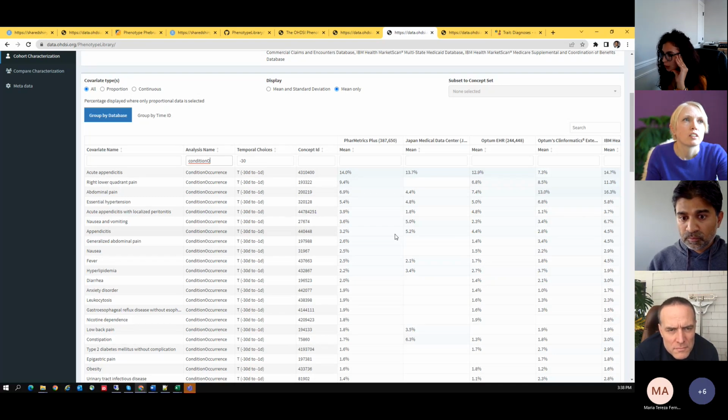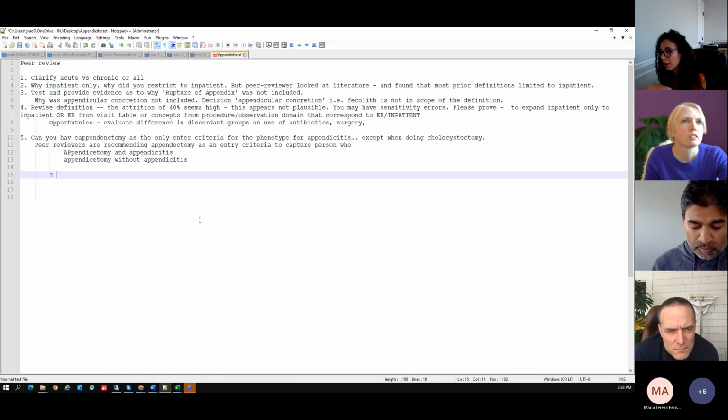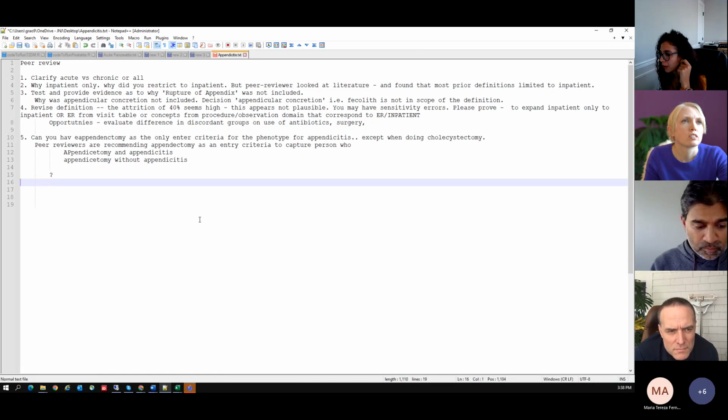Yeah, so a potential adjustment modification would be indexing on either the code or appendectomy, or the code any place or appendectomy, or any of those specific symptoms like abdominal pain, and then requiring a code that occurs within 5 days or something.